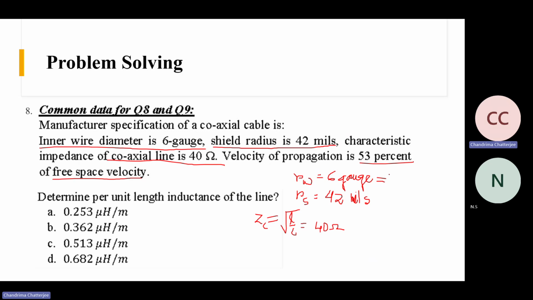This is equal to 0.03 centimeter, and Rs is equal to 42 mils. This will also be converted to centimeter. So this is 0.10668 centimeter.